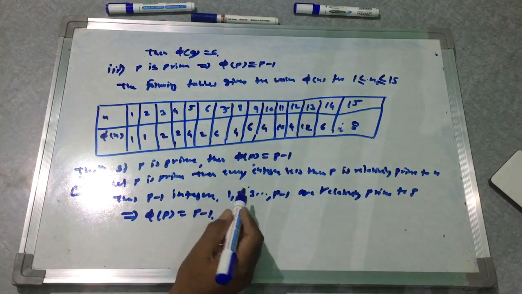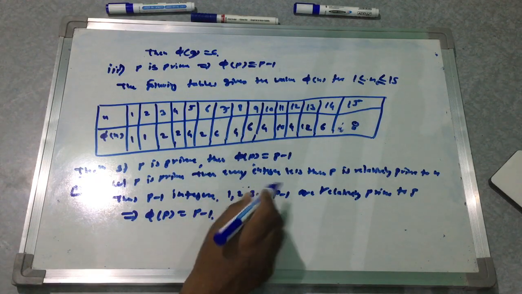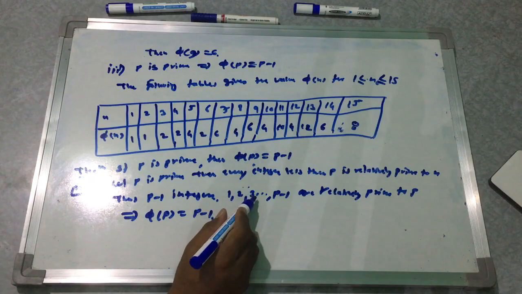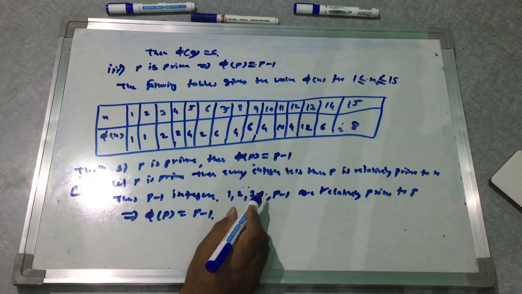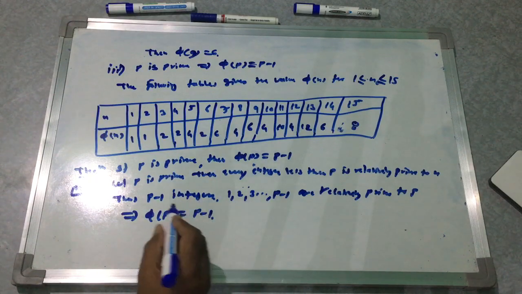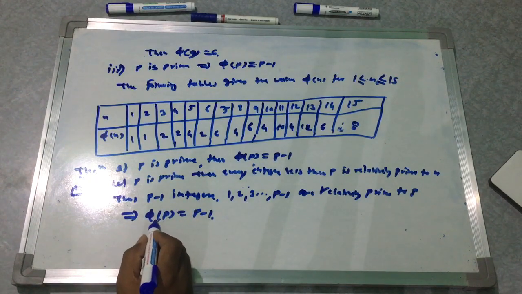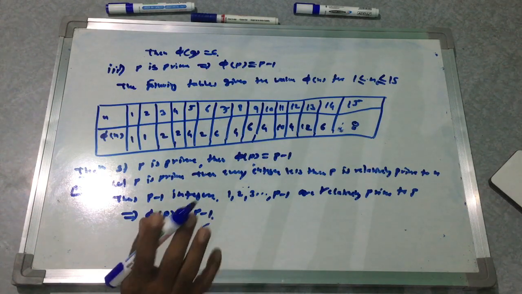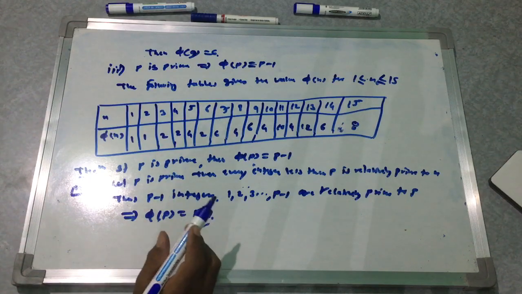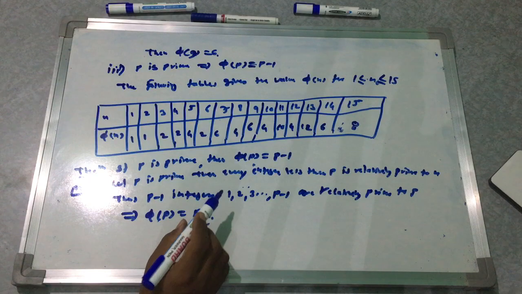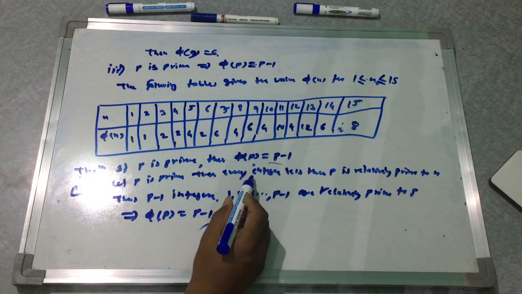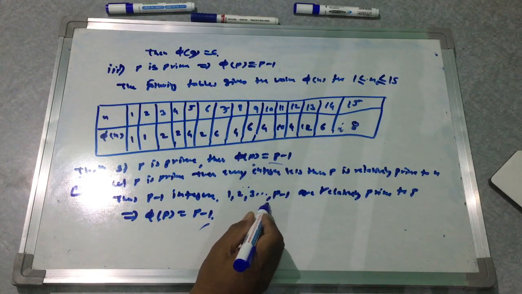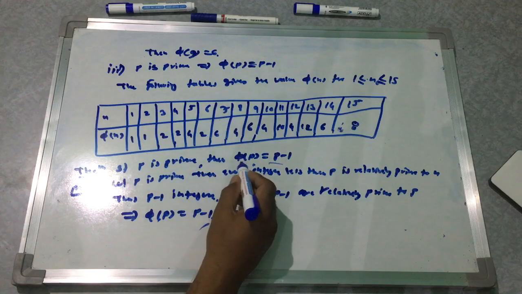Thus there are at least two integers among 1, 2, 3, 4, 5 up to P which are not relatively prime to P. They are D and P itself. So phi of P is less than or equal to P minus 2, that is phi of P not equal to P minus 1, because this contradicts the hypothesis that phi of P is equal to P minus 1. Hence the supposition that P is not prime is wrong. Hence P is prime.